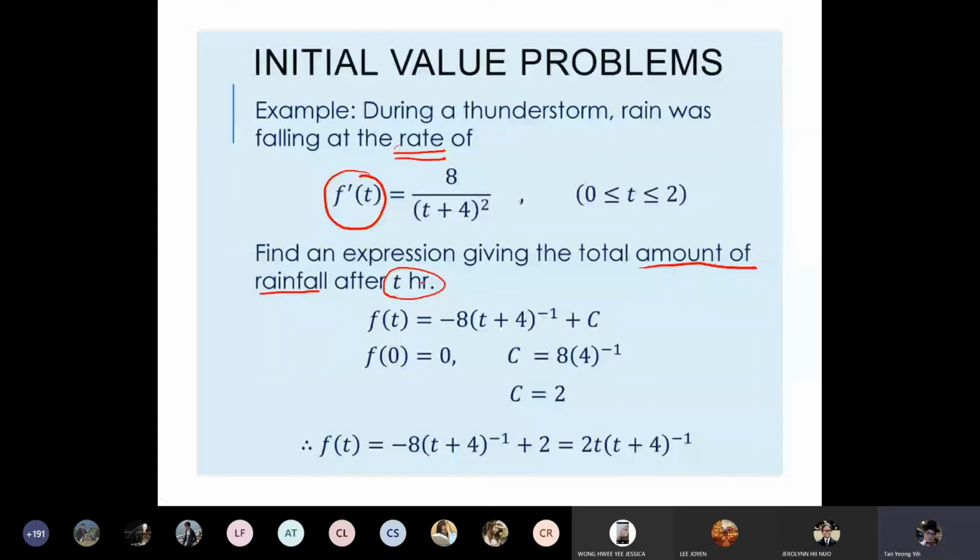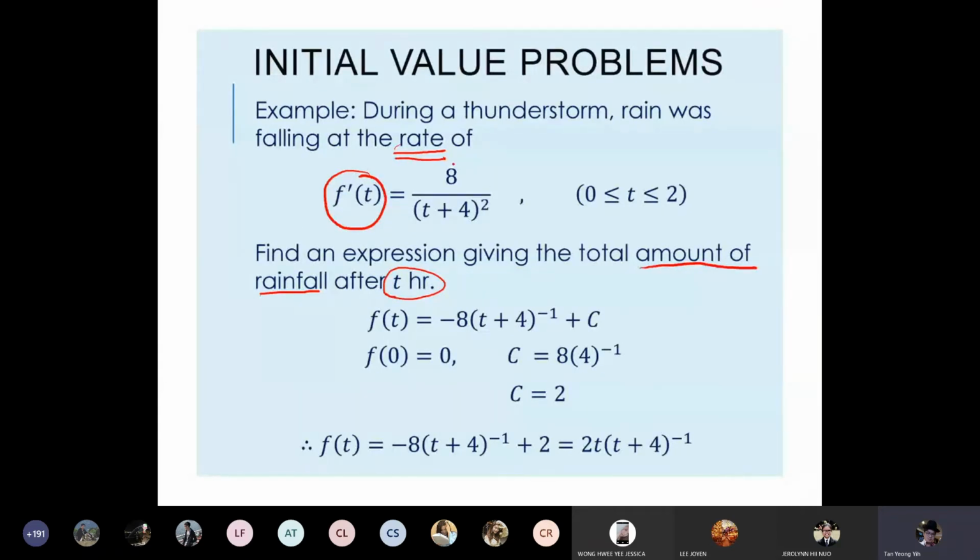The F is the amount of rainfall after T hours, and the F prime is the rate. It means, for every hour, what is the amount of rainfall per hour?